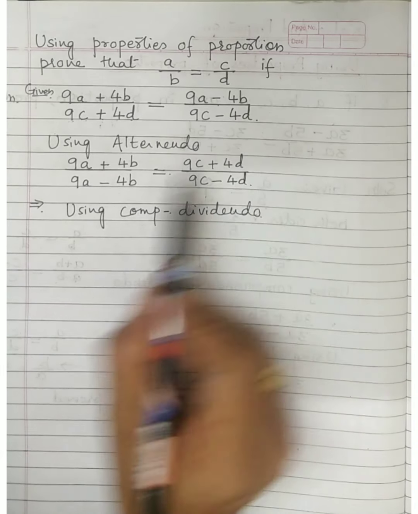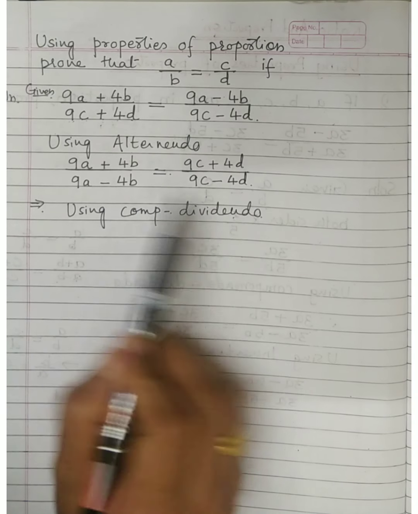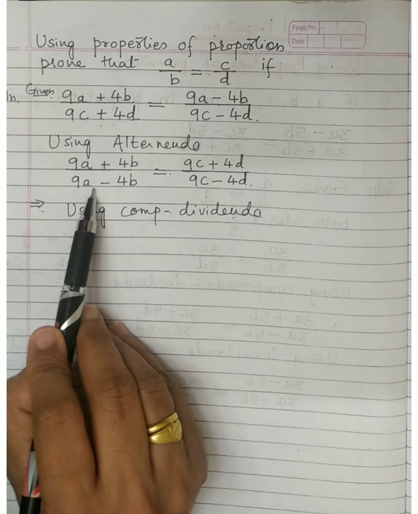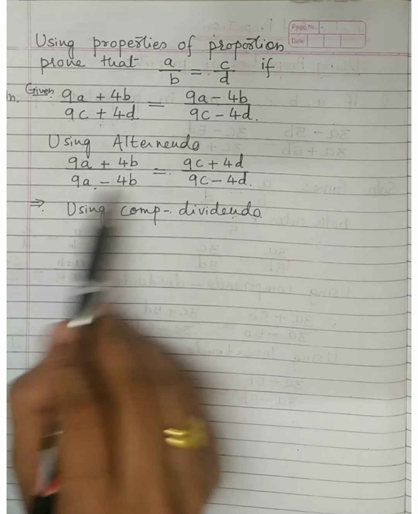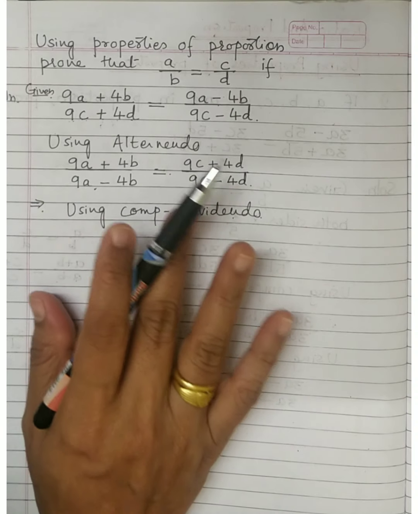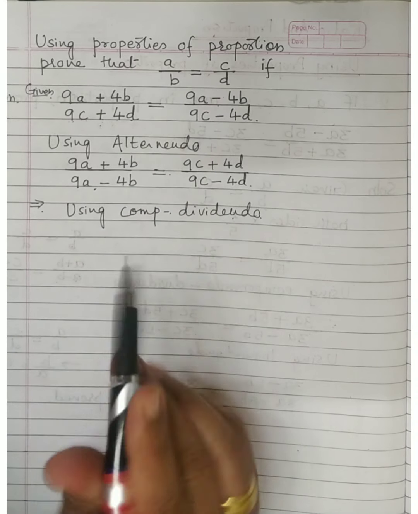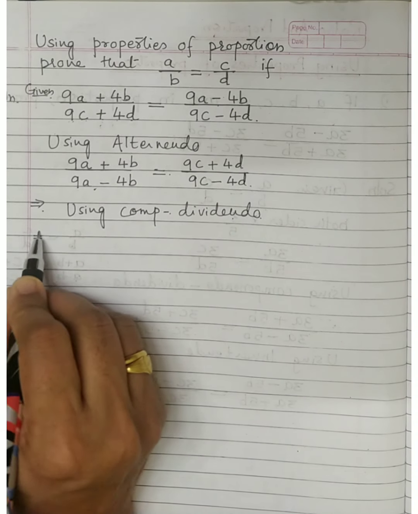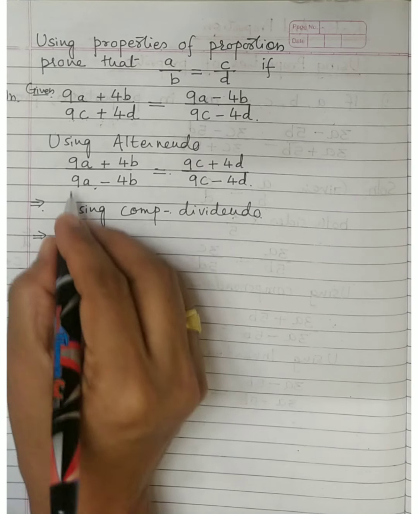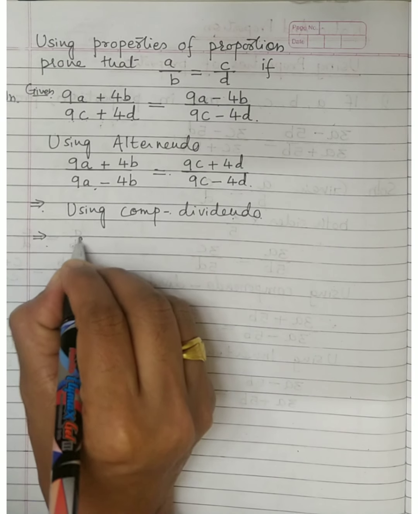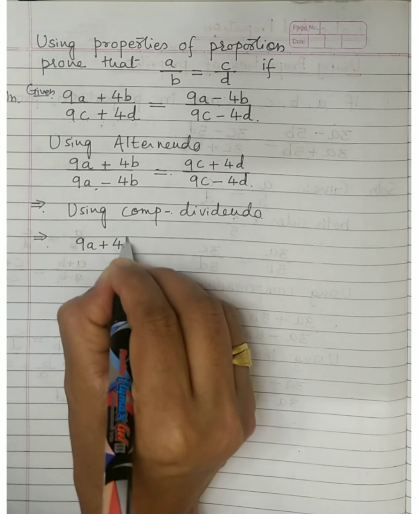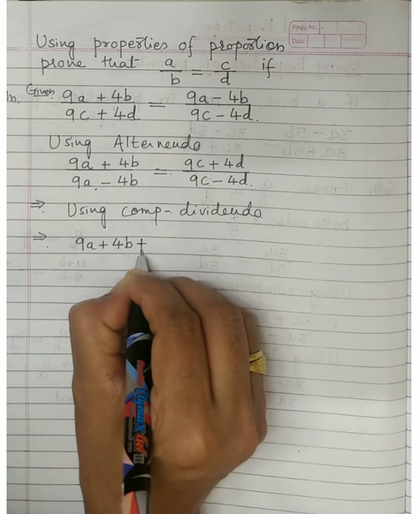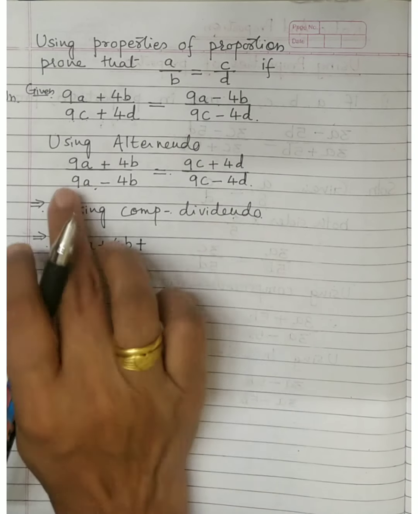Remember, componendo dividendo's result is what? Numerator plus denominator upon numerator minus denominator. Here also, before the minus sign, use of brackets is the marks deciding factor. So if I am using componendo dividendo, see what happens. (9A plus 4B), that is my numerator, plus denominator, which is (9A minus 4B).